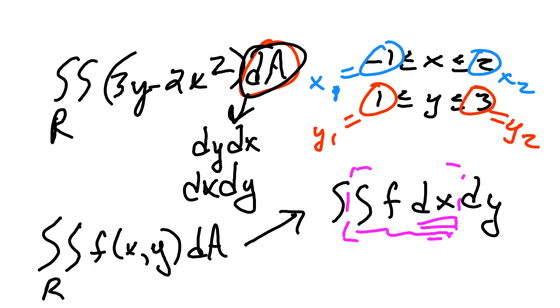So this is from x1 to x2 on this one. And then whatever I get there for the whole thing, I'm going to take the antiderivative with respect to y. So then I'll go y1 to y2 for that one.